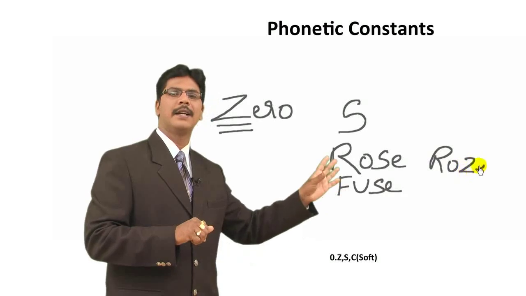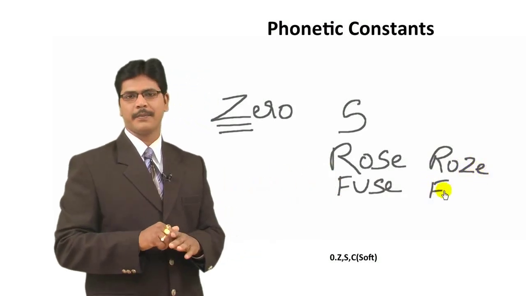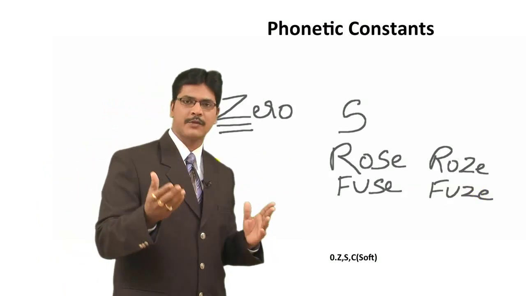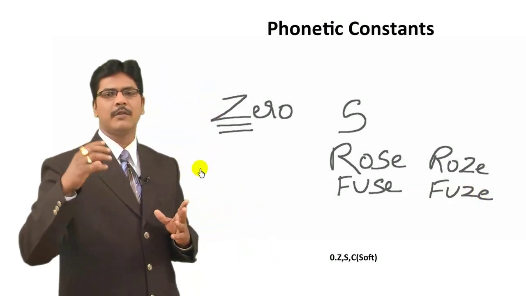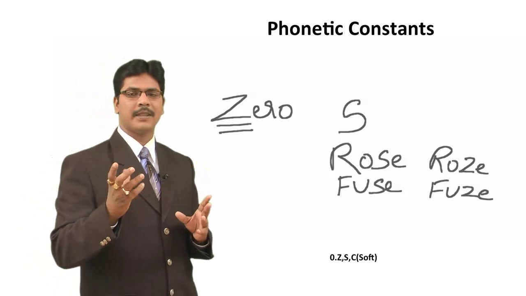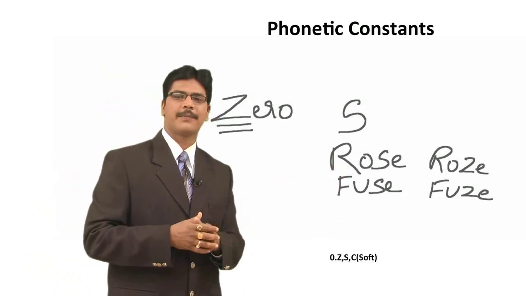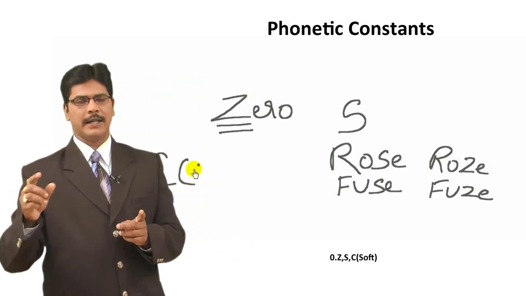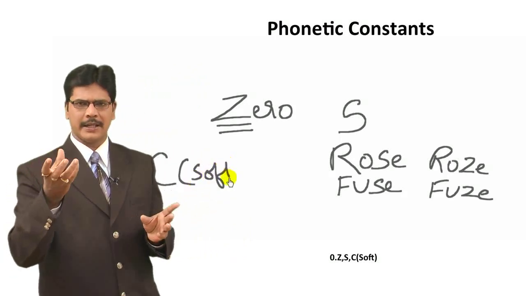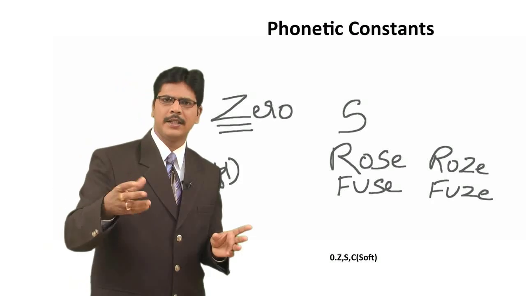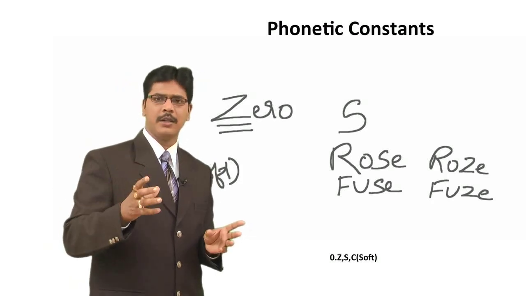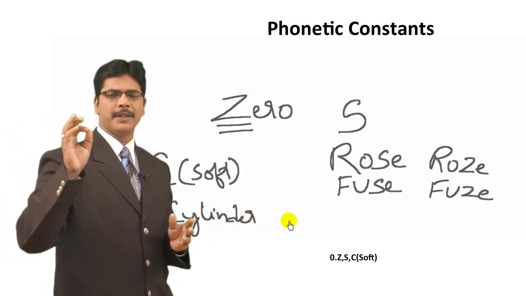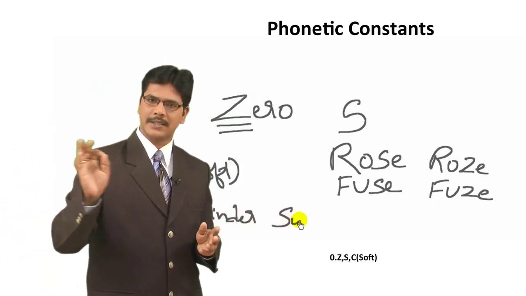Z and S. Okay. And next, what I've actually explained to you is that there's one more letter in English which sounds like S, and that is C soft. For example, where C sounds like S, I give examples of cylinder, cyanide, central, okay, so many other words. Okay, 90% of C's are C hard, like cars.